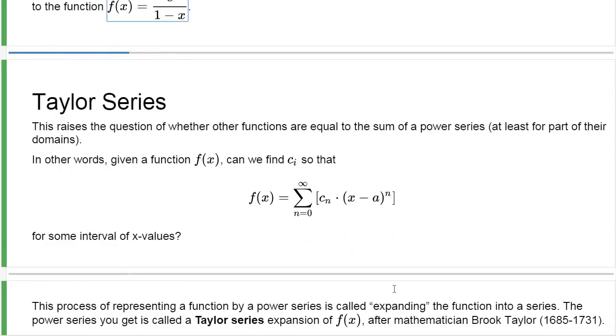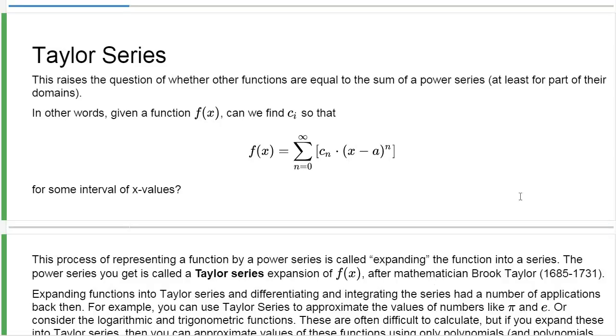So that raises the question, are there other functions that are equal to the sum of some power series, at least on the domain where that series is defined? So in other words, if we're given a function f, can we find coefficients, these c's, so that f of x is equal to this sum of this power series? All right, that is called a Taylor series in that case.